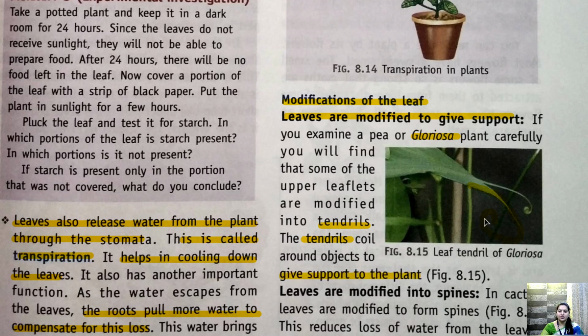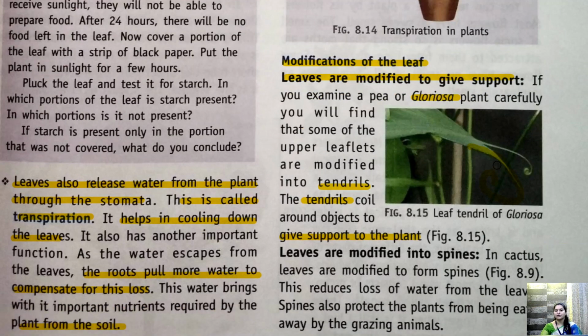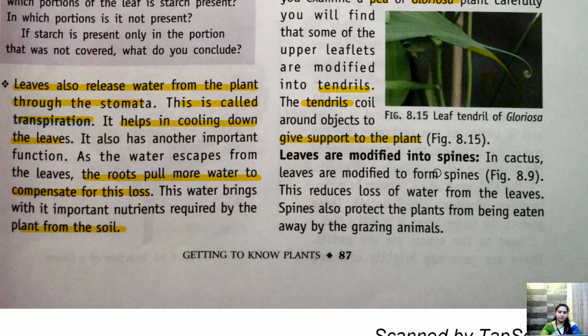Okay, so they give support to the plant. Like in case of stem, tendril was formed. तो वो क्या करते थे? Branch में support देते थे. In the same way, the same process takes place in the leaf also. Okay, so leaf also forms a tendril. What is the example? Example is pea or glorosa.